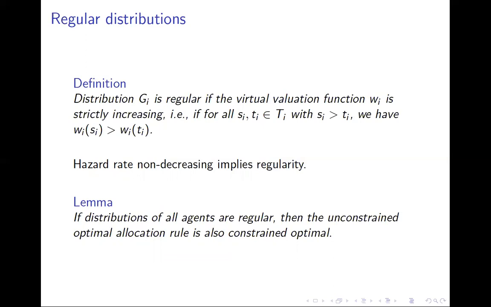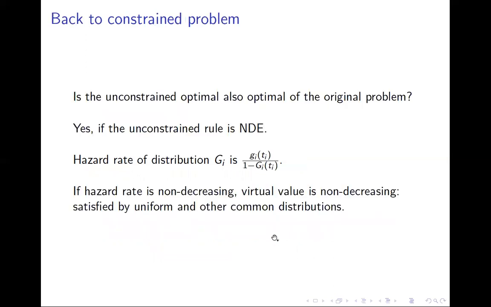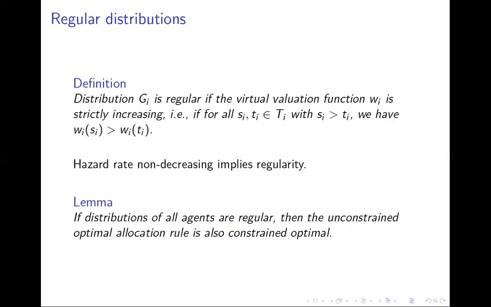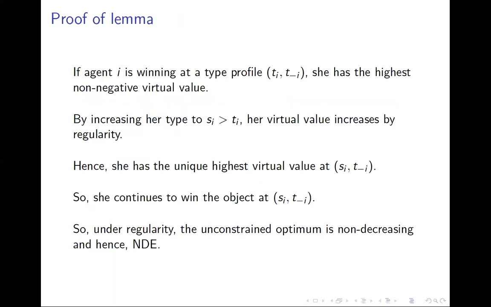In fact, we are going to show a stronger property, that F will in fact be non-decreasing. That is, for every t_{-i}, if agent i increases its type, its allocation probability will weakly increase. That implies non-decreasing in expectation also.